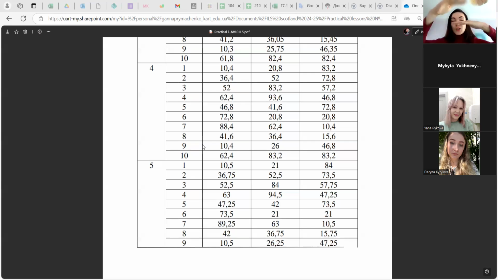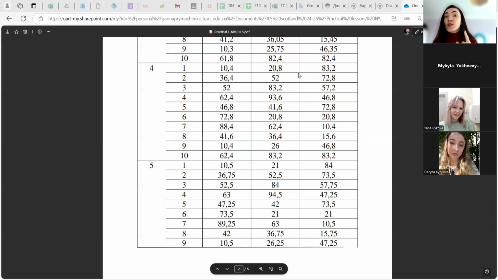And in the upper part, the numerator of our formula, we use our columns number 4 and number 5. For example, for variant 4, we multiply one by one the y coordinate parameters, it is column number 4. For variant 4, it is 20.8 multiplied by 83.2, plus 52 multiplied by 72.8, plus 83.2 multiplied by the next parameter.